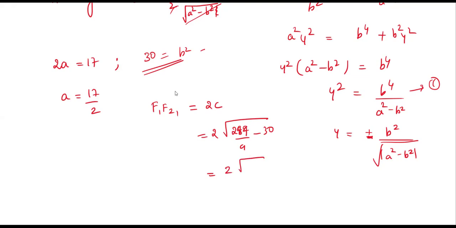Okay, I made a mistake. This is not 9, this is 4. So 289 by 4, sorry, my mistake. 289 minus 120 divided by 4, and the root of 4 is 2, so this is going to cancel out. So the root of 289 minus 120. 289 minus 120 is 169. So the root of 169 is 13. So 13 is the answer.